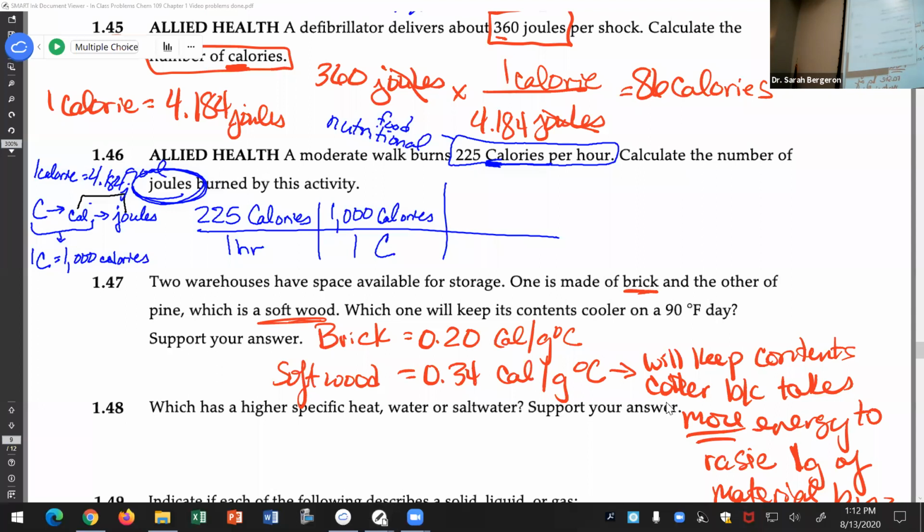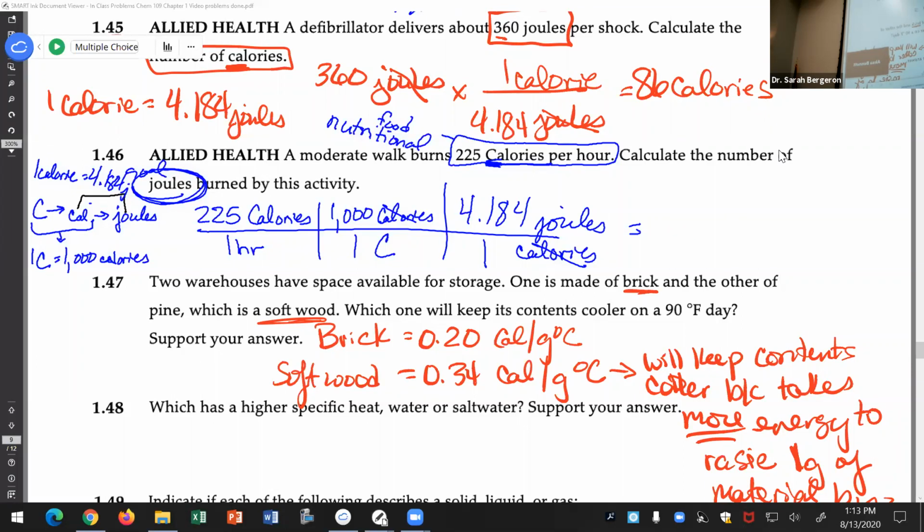I've been monitoring my conversion, right? Oh, no, I went the wrong way. Okay, we're still good on those. Then we're going to convert from calories. We want to put calories on the bottom, and they're going to cancel out. We know in 1 calorie, we have 4.184 joules.